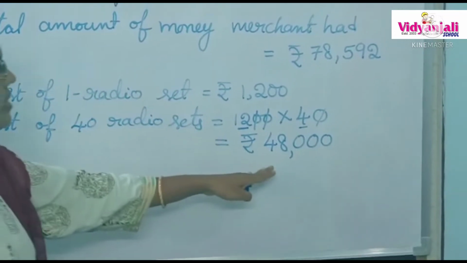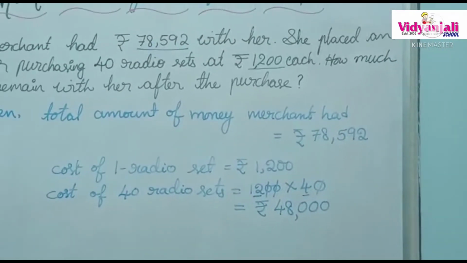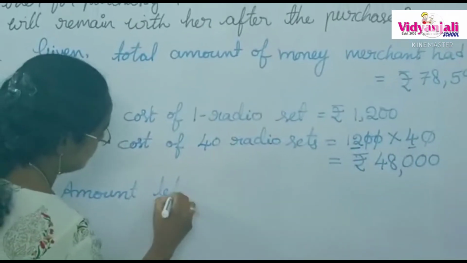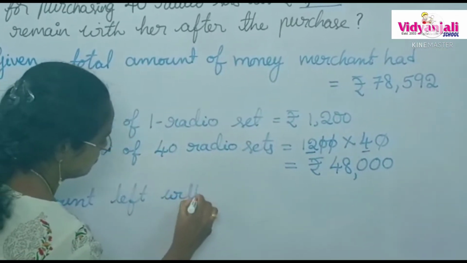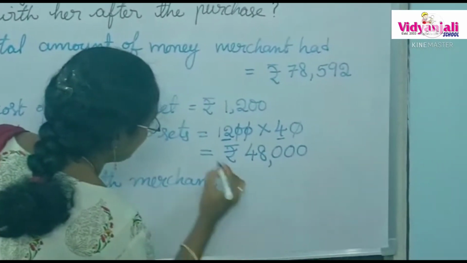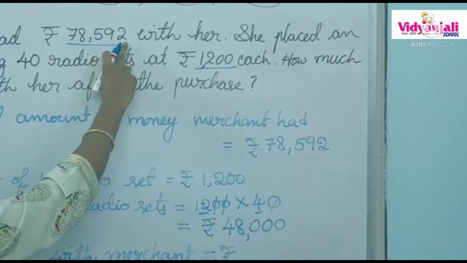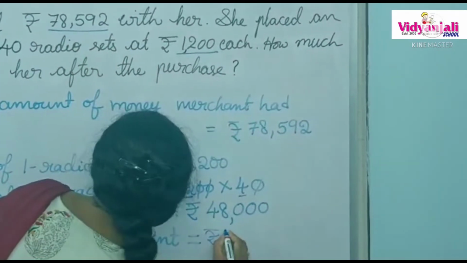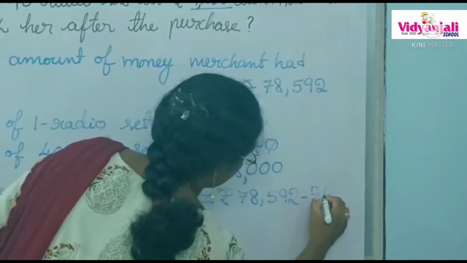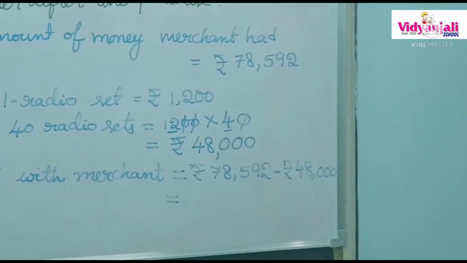So we have to subtract this amount from the amount the merchant had, then we will get how much money is left over. To get the amount left with the merchant, we have to subtract 48,000 from 78,592. Let us do the subtraction now.